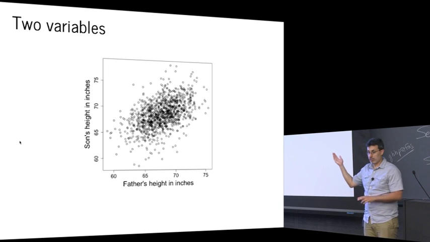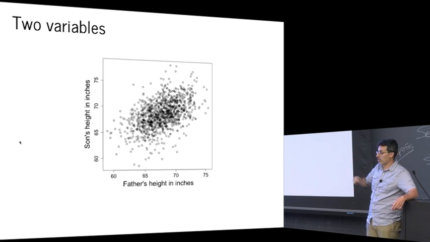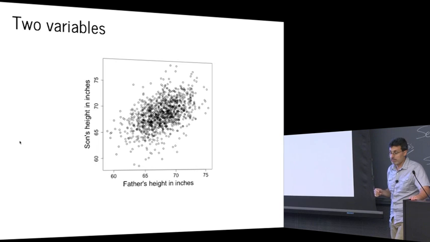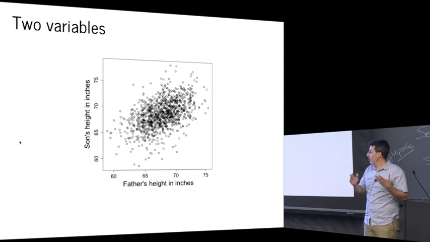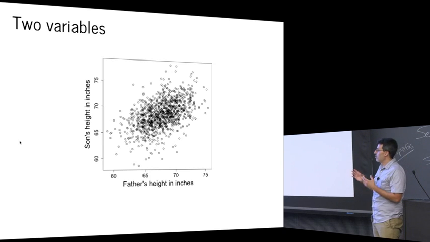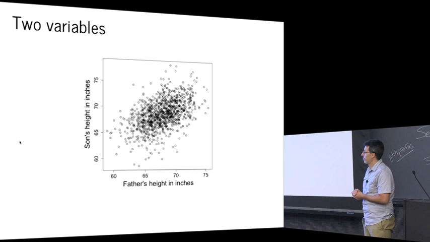One thing I can do is just show you a scatter plot. That's what this is called, and we're going to see a lot of scatter plots in this class. Perhaps the most common picture we're going to make is going to be some version of a scatter plot. If you plot something against time, it's a scatter plot in a way. You have time on one axis and points on the other. But the name is usually reserved for when you have two variables that are measurements. So this is father height, son's height.